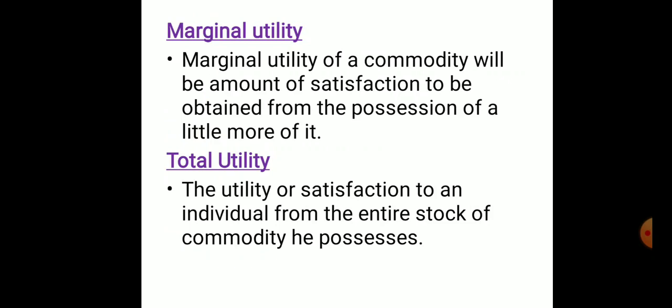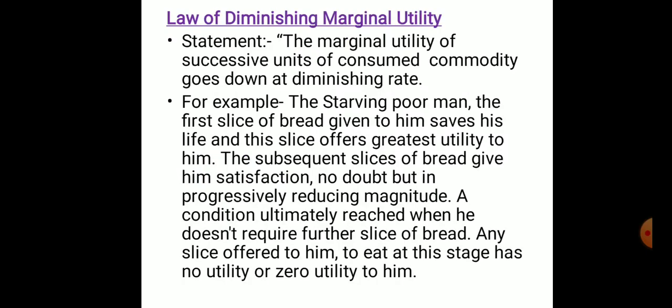The satisfaction that we obtain from one biscuit after another is marginal utility, and total utility is the satisfaction to an individual from the entire stock of commodity he possesses. So after the consumption of 10 biscuits, whatever satisfaction we have got is called total utility.